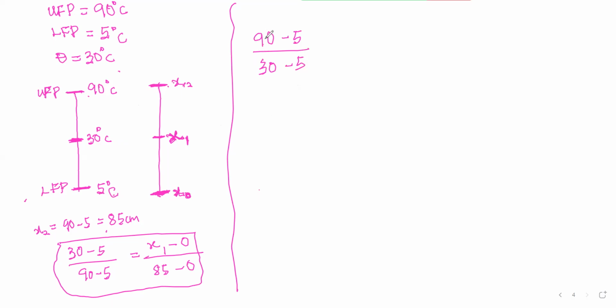Blessing, Michaela, and Joshua, are you okay with what I've done so far? Yes, sir. All right. We equate it to the length. So 90 minus 5 must also go with their corresponding length, x2 minus x naught, divided by x1. Don't forget x1 represents the length at temperature 30, minus x naught.